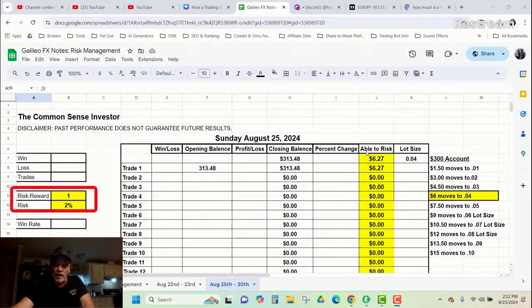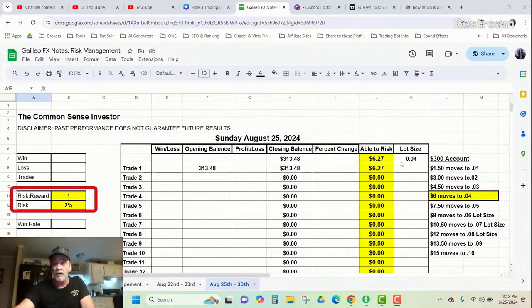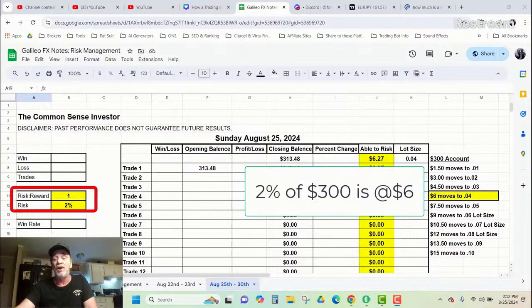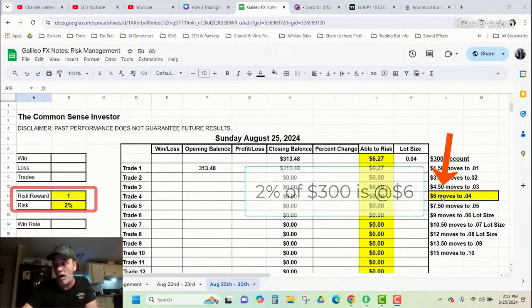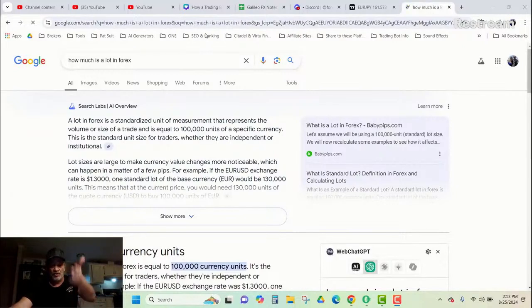According to my risk, which is 2%, I look right here on my chart and I see that my lot size needs to be 0.4. In accordance with 100,000 units per lot, that means I'm going to own 4,000 units of whatever currency I'm going to buy.